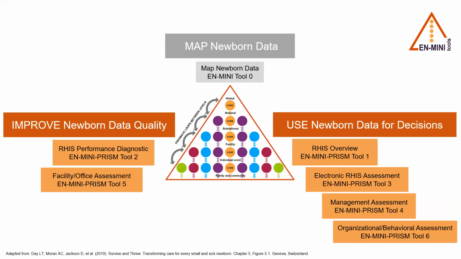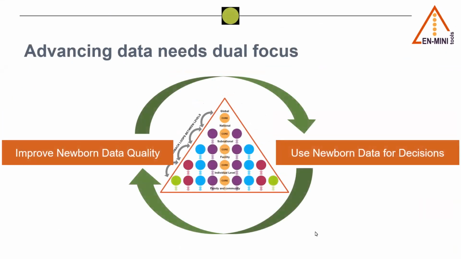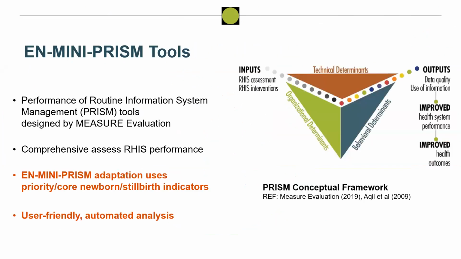Thanks, Kim. These next tools reinforce that the dual focus is needed to both strengthen use of data, even if it's not perfect, with ongoing efforts to improve newborn data quality. These tools are called the EN-MINI PRISM tools, because as you heard earlier from Theo, they were adaptations of PRISM designed by Measure Evaluation. PRISM tools have been used in more than 40 countries to comprehensively assess RHIS performance.